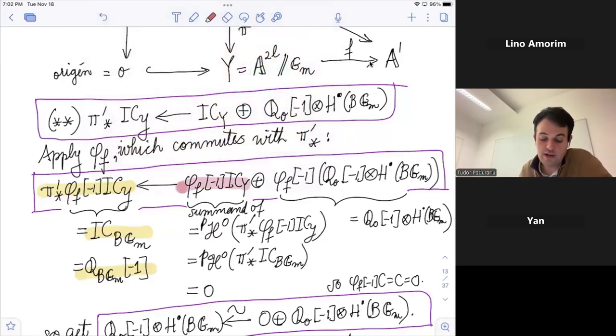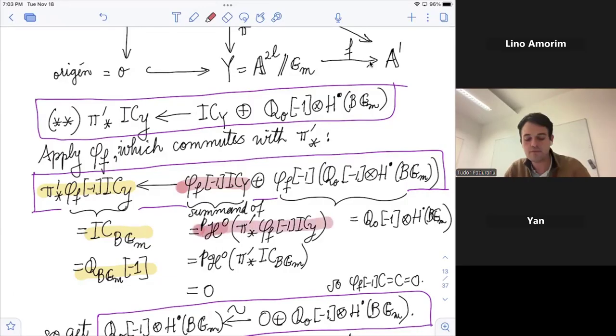Next, we need to compute vanishing cycles of F applied to ICY. A priori this is not straightforward because we apply vanishing cycles not to the constant sheaf, but to the IC sheaf on a singular space. But remember that ICY here was actually the BPS cohomology. So it's the smallest perverse cohomology of the push forward along the good moduli space of the IC of the stack, which in this case, after this general rigidification, is not the first cohomology but the 0th cohomology.